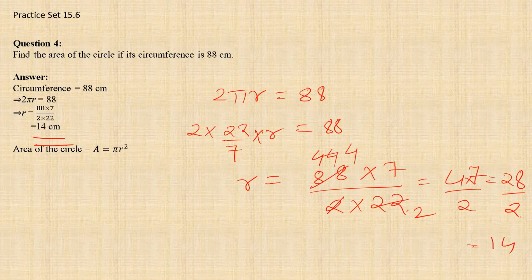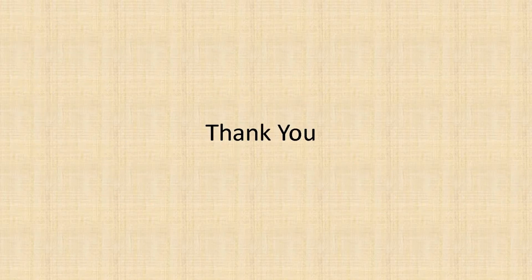So substituting the value of r, that is 22 upon 7 into 14 square. Since r is 14, this will become 616 square centimeters. So the area of the circle whose circumference is 88 centimeters is 616 square centimeters. That's it for this video. Thank you.